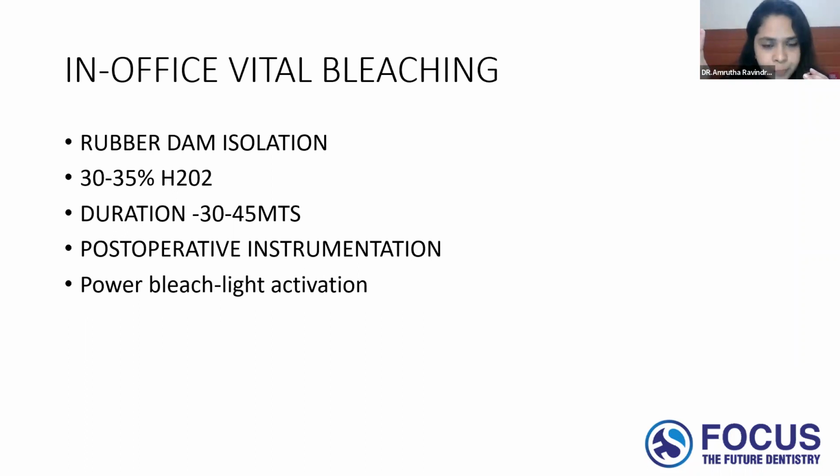It is applied onto the isolated tooth surface and left for 30 to 45 minutes. After that the bleaching agent is removed, cleaned, and if any sensitivity is present, an anti-sensitivity agent is applied. So that is how in-office bleaching is done.